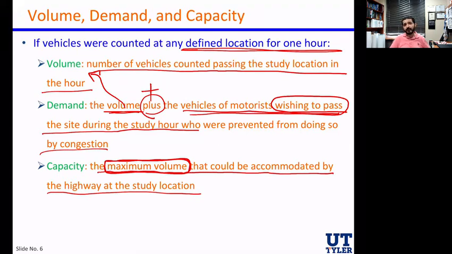If it's off-peak hour, volume will be significantly lower than capacity. But in the worst case scenario, at the peak hour where the volume is the highest, the volume cannot exceed the capacity, and that's why we can say that capacity can be higher than or equal to volume.